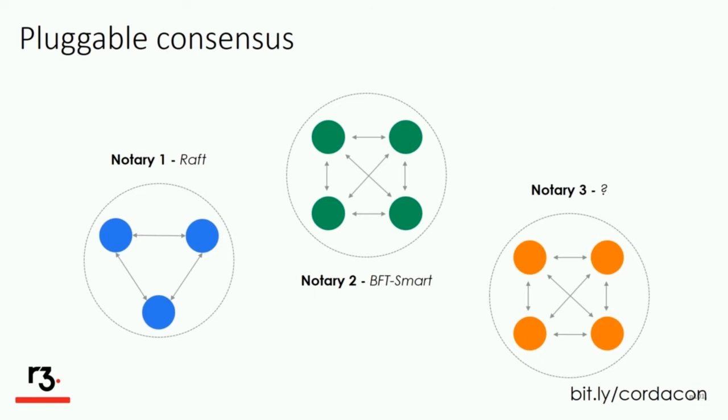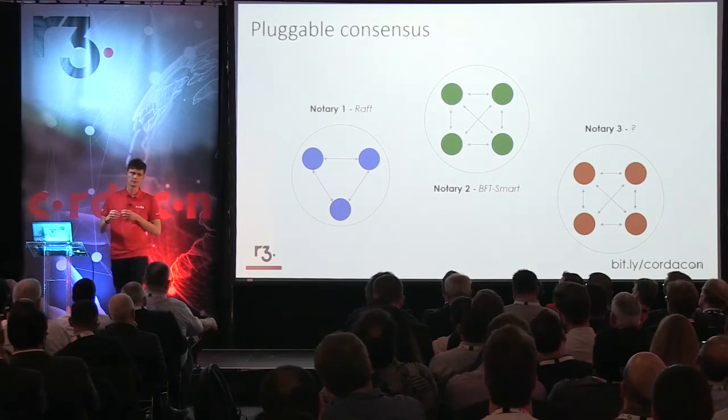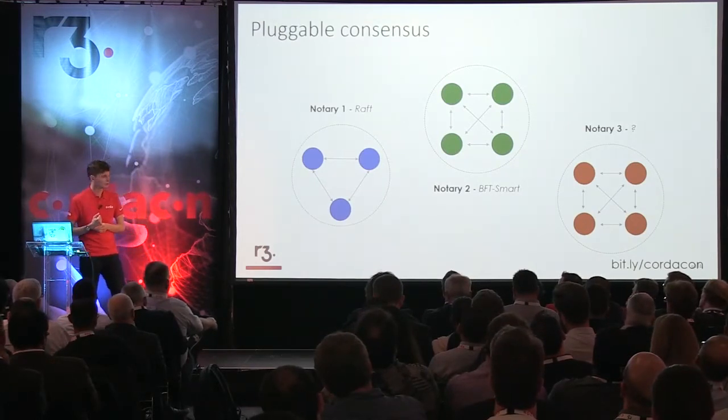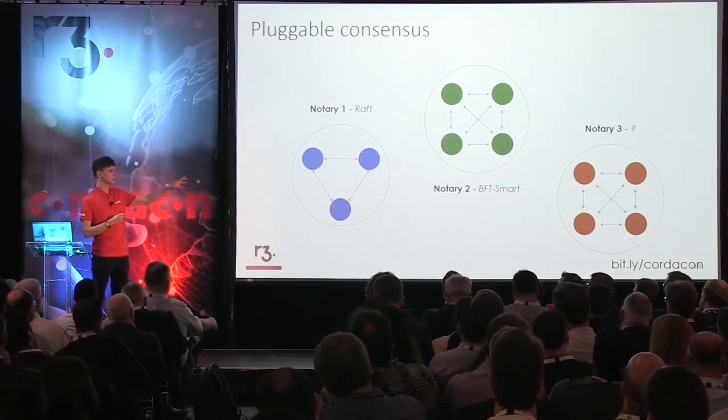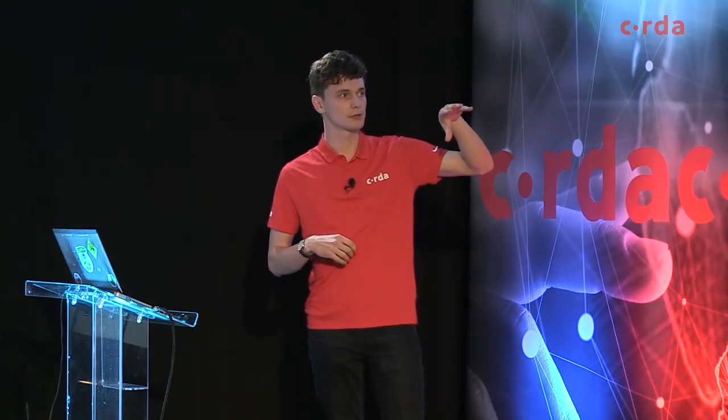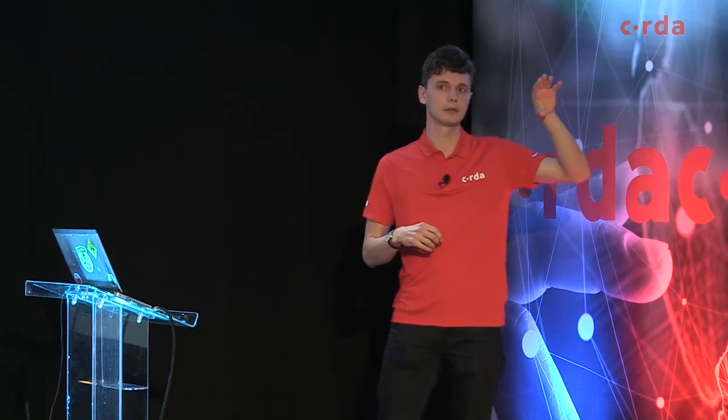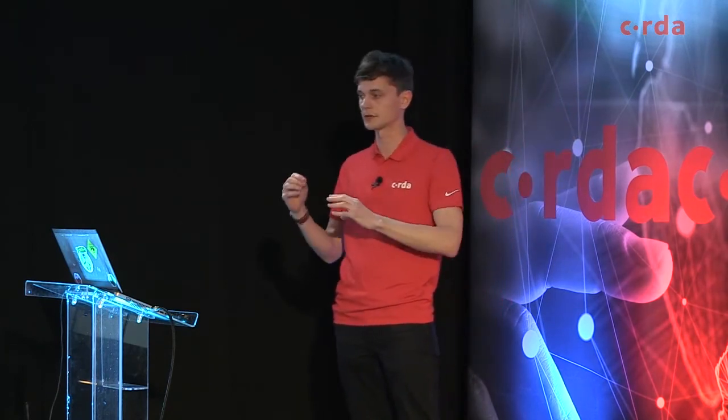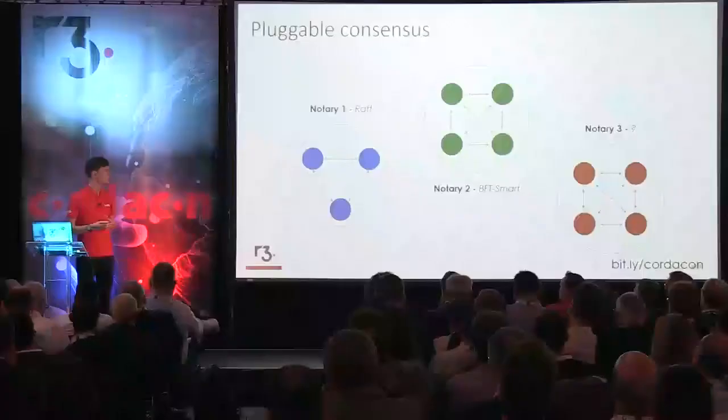So Raft is similar to the BFT-based consensus algorithm, but it assumes that all nodes in the cluster are trusted. So it relaxes the trust model, and that makes the protocol for reaching consensus much easier and much more performant. So in some use cases where some parties have another set of parties that they always trust, you can use this faster notary.